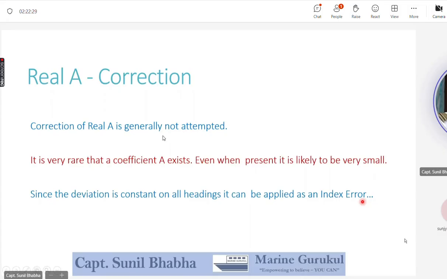So whatever deviation you obtain from the curve, you add 1 degree east to that deviation and it will give you the resultant deviation. So deviation being constant on all the headings, it is applied as an index error and the real A is not generally corrected. Moving ahead now.